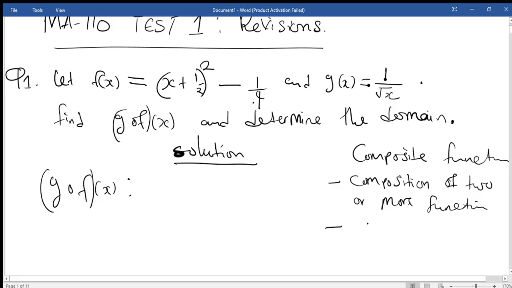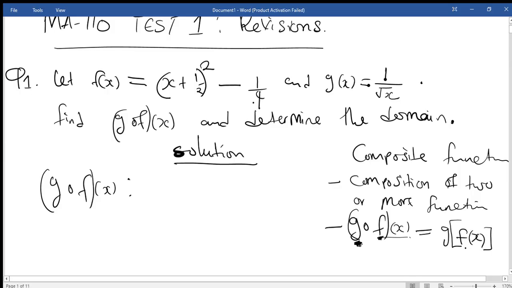If I'm talking about g of f of x, it means g is the function which is starting, and in the function g, we are slotting inside a new function f. So g is evaluated at the point when x is equal to f of x. That is just as good as in the function g of x, after the x, we slot in f of x. It's an evaluation.